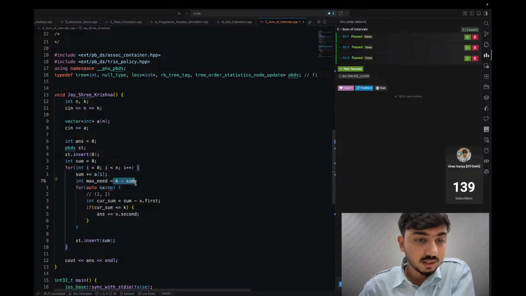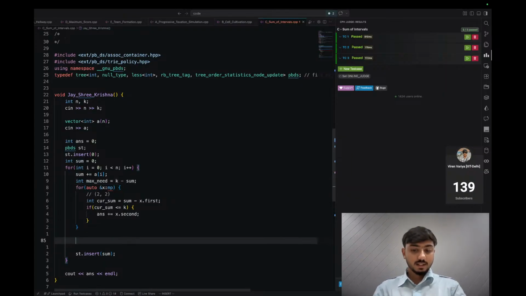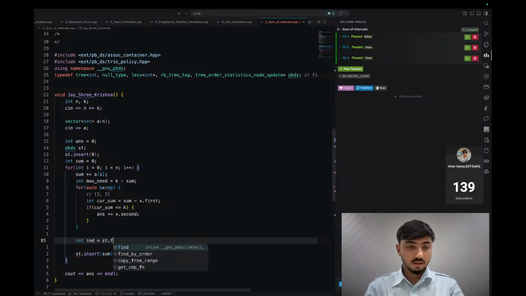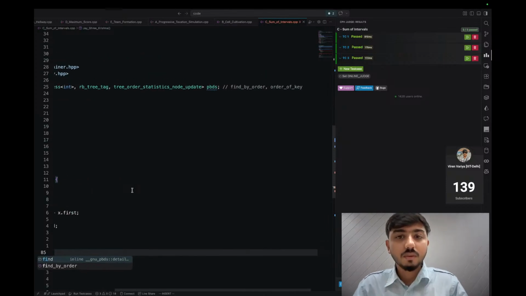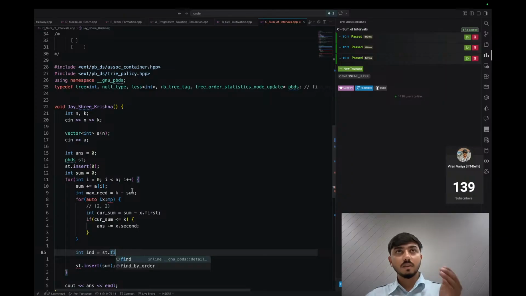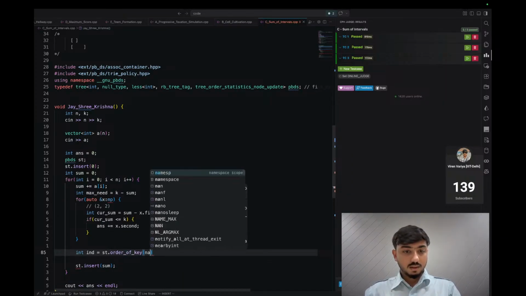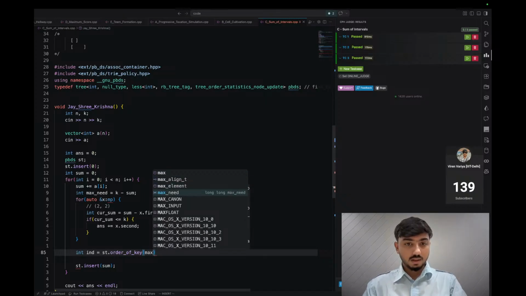So our max need is this, and we'll find the index. st dot find by order or order by find, I don't remember actually. Find by order, order of key. So I want the index of a key. Order of key, max need.